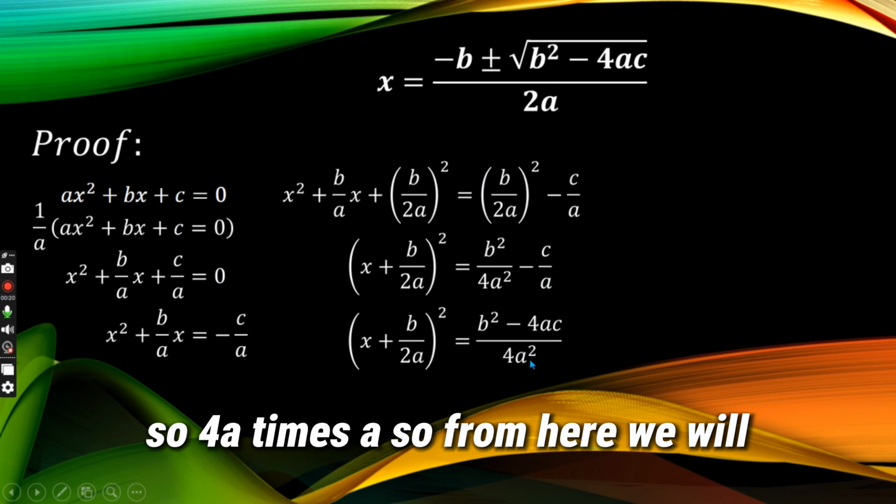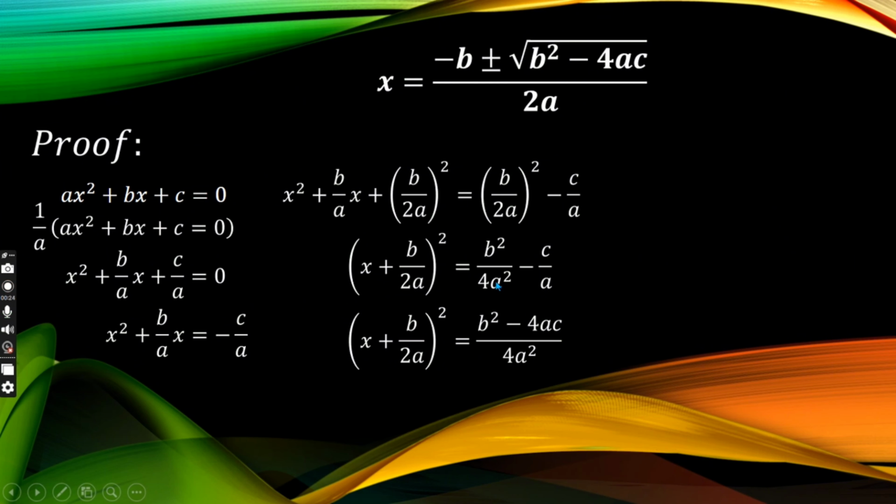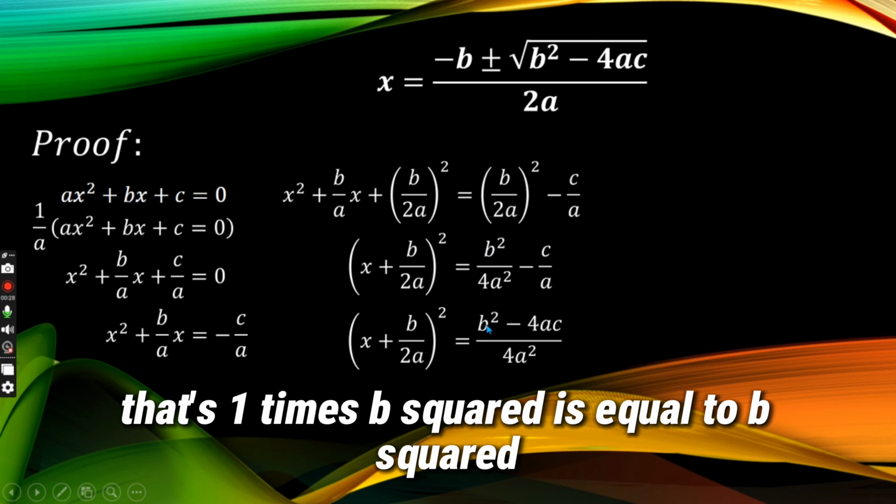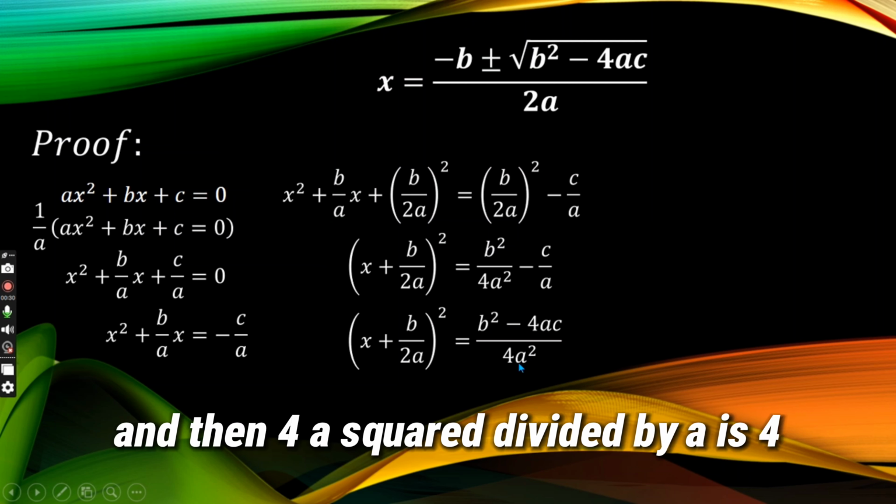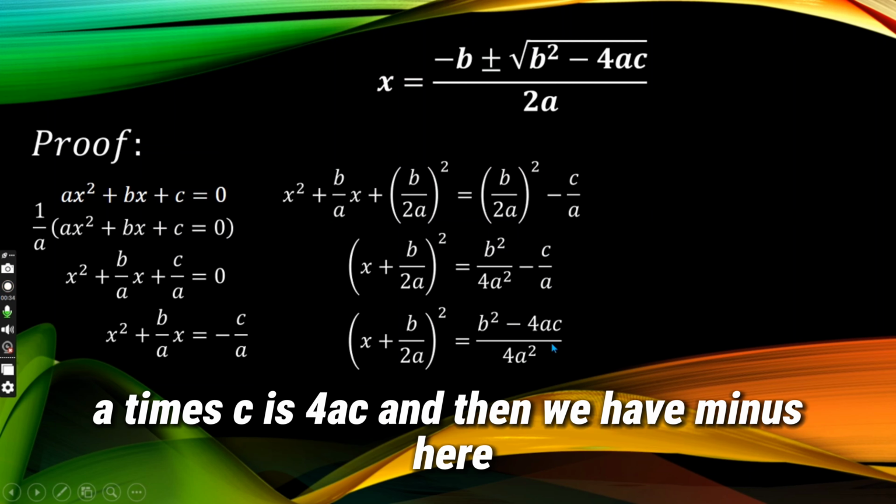So 4a times a. From here, we divide: 1 times b squared is equal to b squared, and then 4a squared divided by a is 4a times c is 4ac, and then we have minus here.